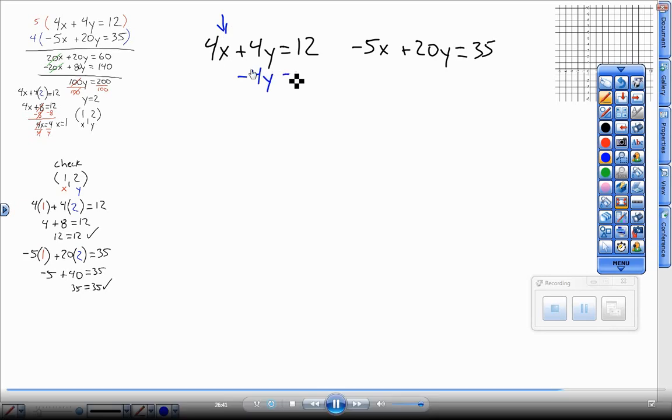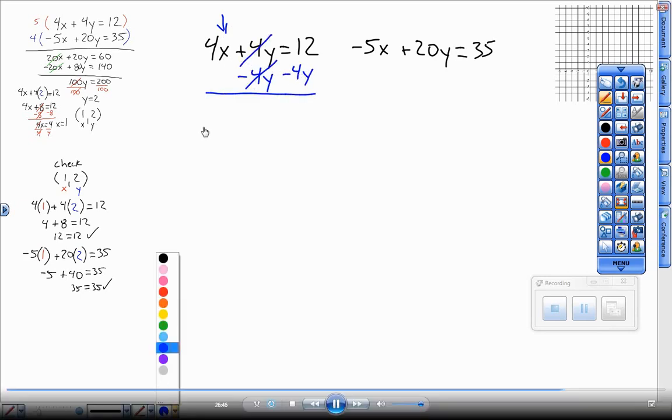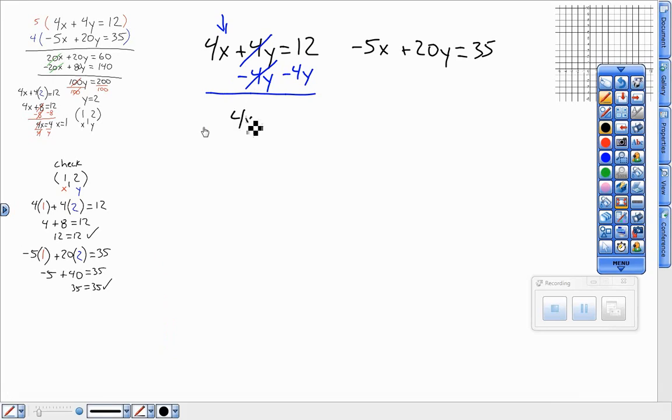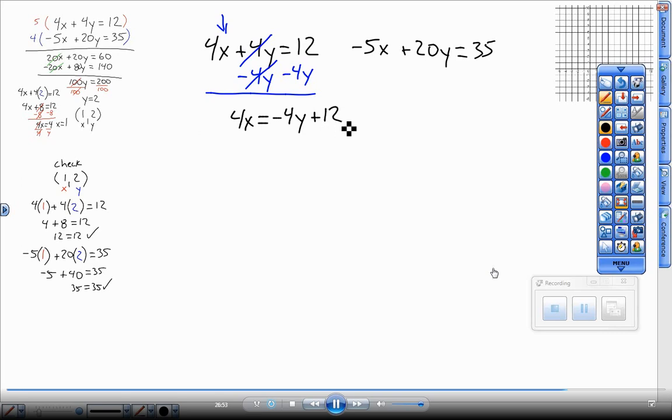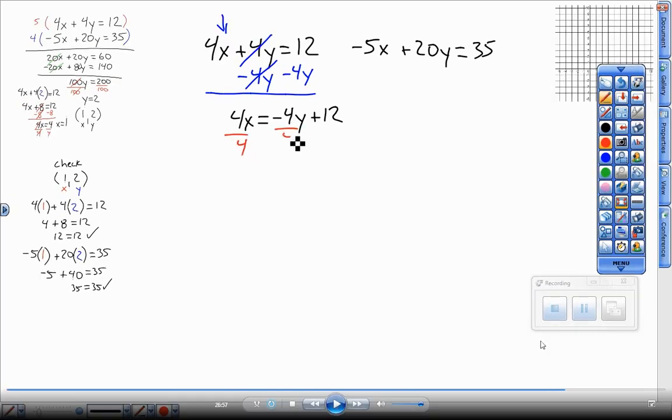So minus 4y on both sides gives me 4x equal to negative 4y plus 12. So again, solving for x, divide everything by 4. These 4's will cancel and give me x equal negative 1y, that's what negative 4 divided by 4 is, plus 3.